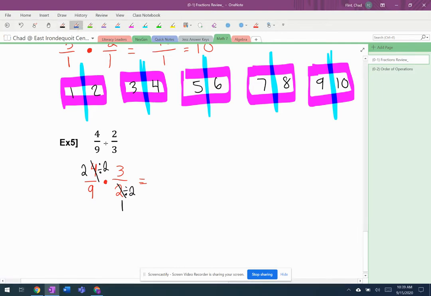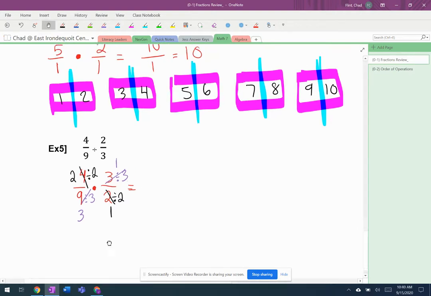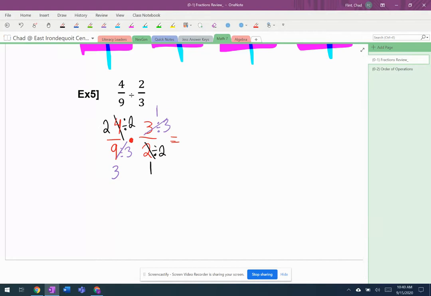Also, though, I can do a little cross-canceling with the 9 and the 3. Both of those are evenly divisible by 3. So if I divide 9 by 3, that gives me 3. Dividing 3 by 3 gives me 1. So you can see this kind of looks like a hot mess right now, all these cancelings and whatnot.